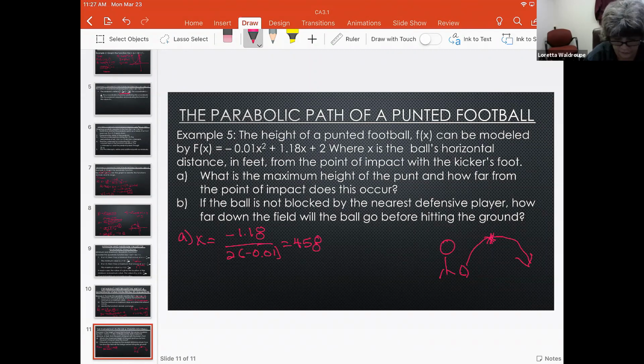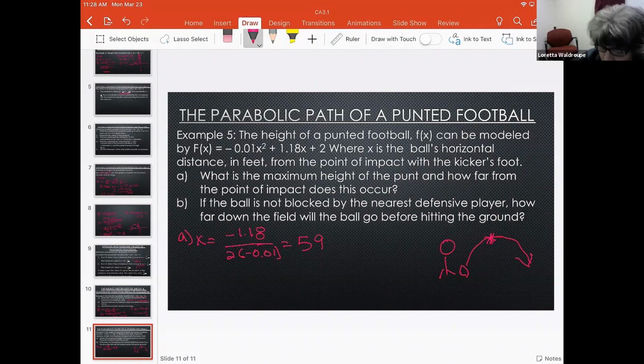Oh, no, hang on. My calculator screwed up. Okay, let's try that again. Okay, that makes more sense. Okay, that's my x value.